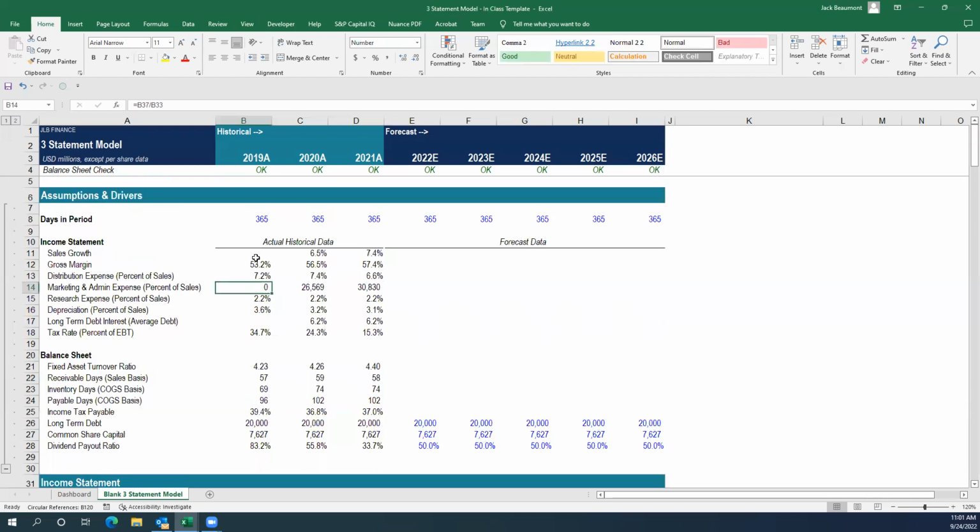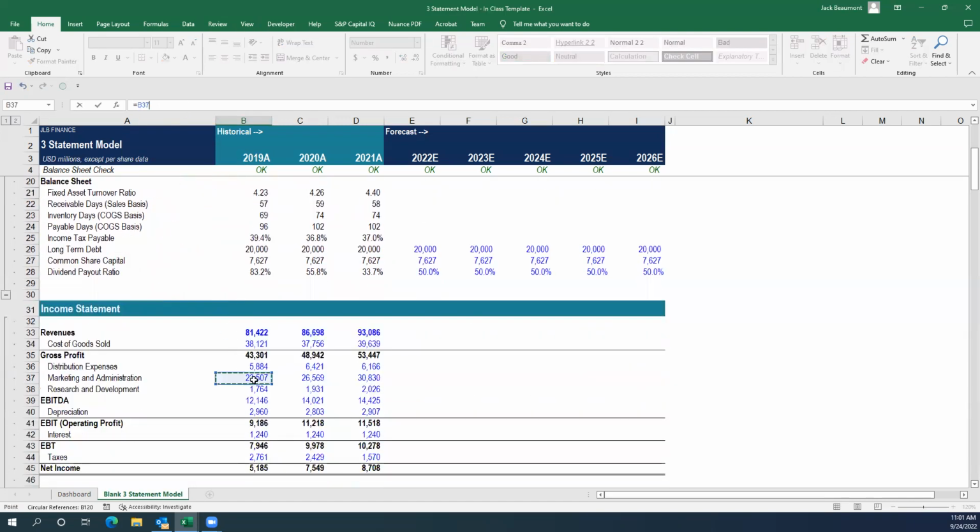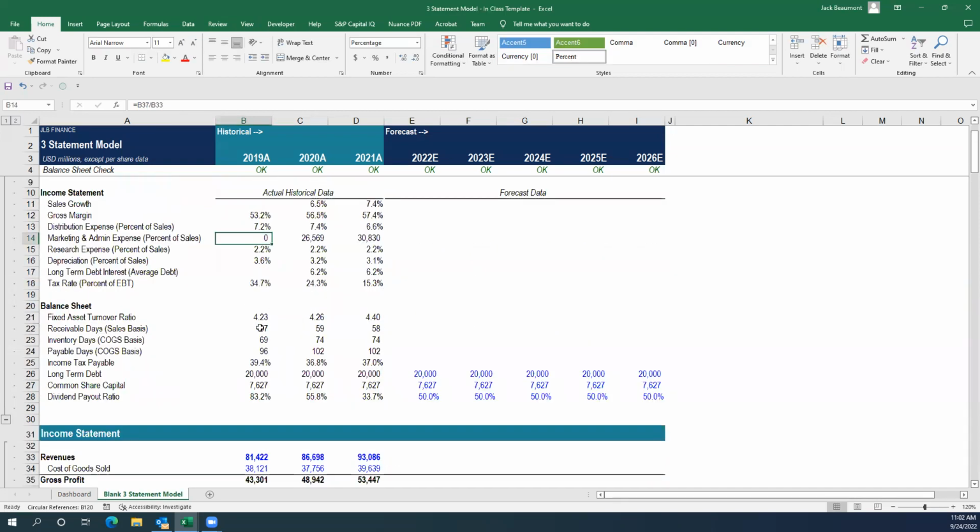Okay, so we have, oops, what did I do here? So we're going to go back here and divide that by revenue. Okay, it's not in a percent, that's why. Change that to a percent and we should be good. Okay, and then I'm going to follow that across the years.